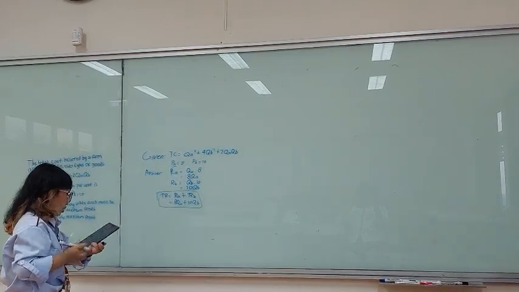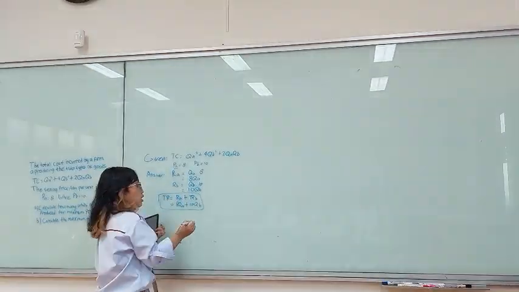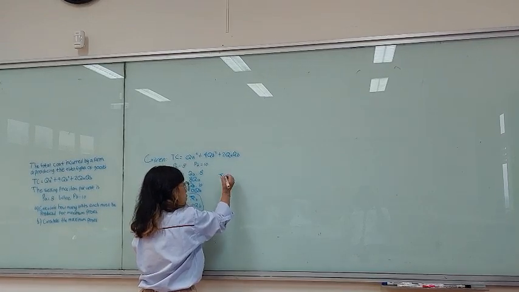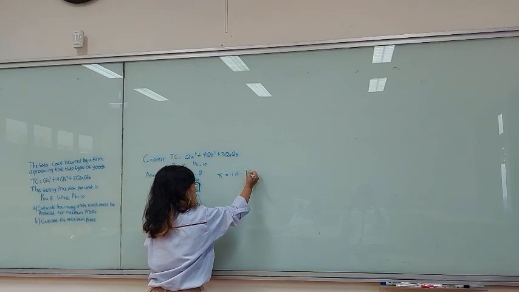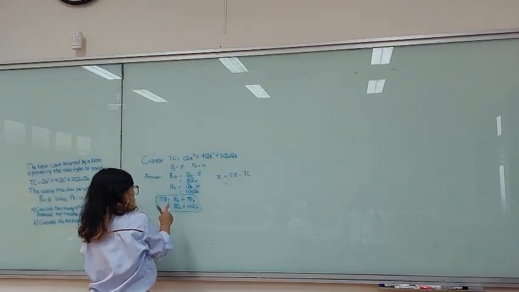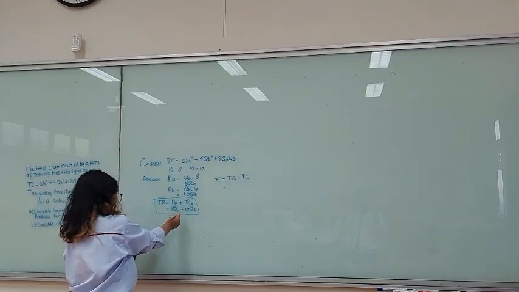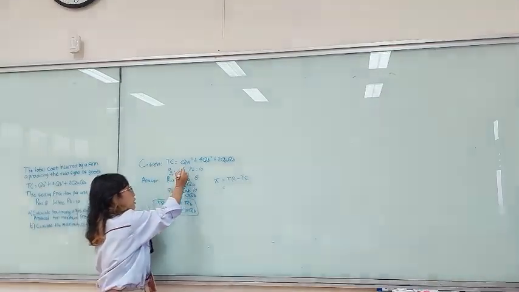And then we find the profit. The formula of profit is P = TR minus TC. We substitute this one with this one.